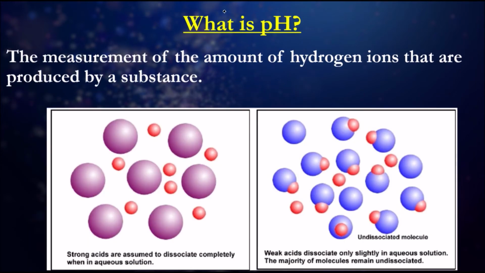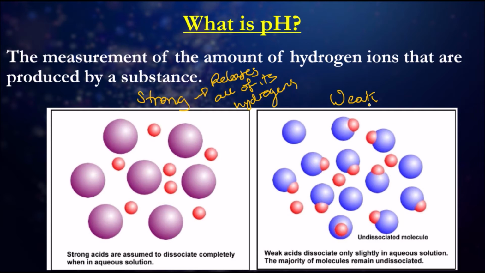So, the question is, what is pH? We already said it measures the amount of hydrogen ions that are produced by an acid. So there's actually two types of acids you can get. You can get a strong acid and a weak acid. If you have a look at the scenario here, a strong acid actually releases all or close to all of its hydrogens.